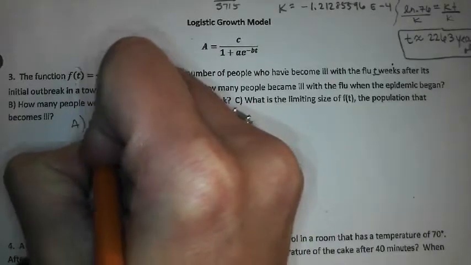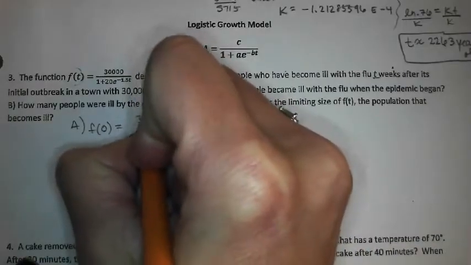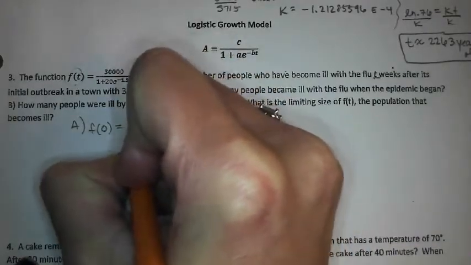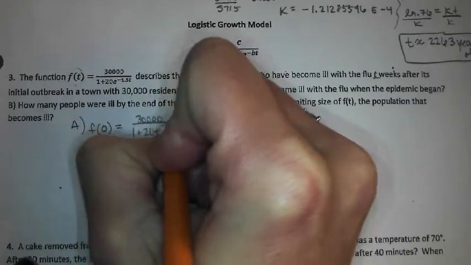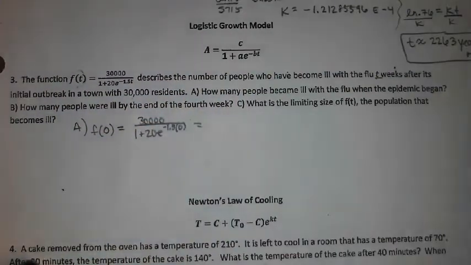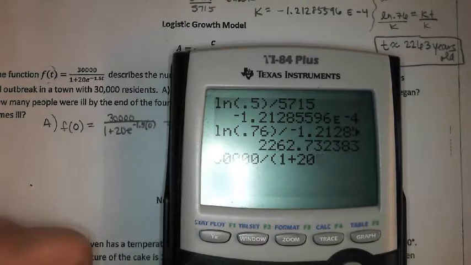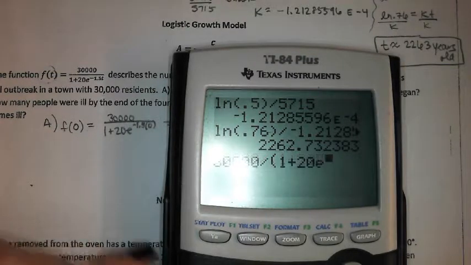So you would just do f of 0, the number of people at the 0 week mark, is 30,000 over 1 plus 20e to the negative 1.5 times 0. And just plug that into your calculator. Make sure you keep your denominator in parentheses.